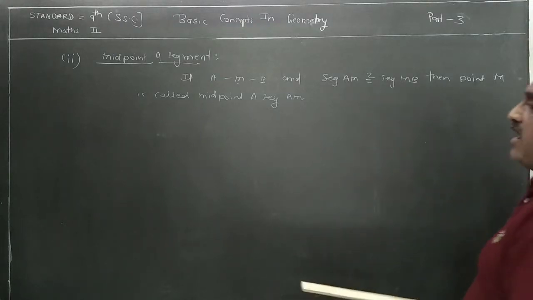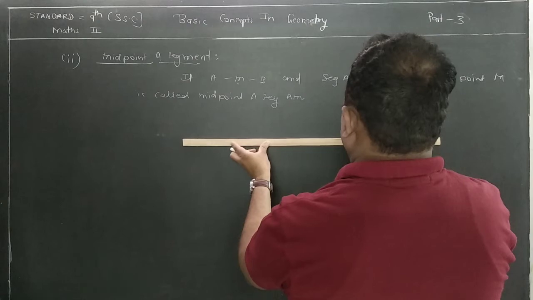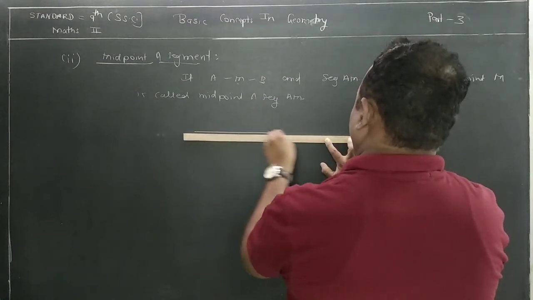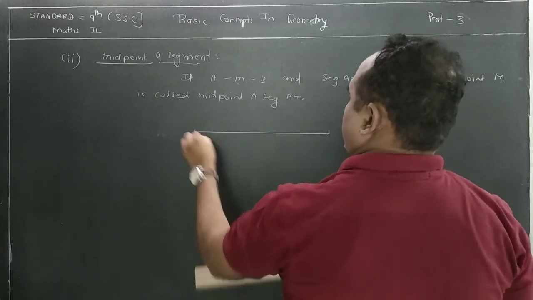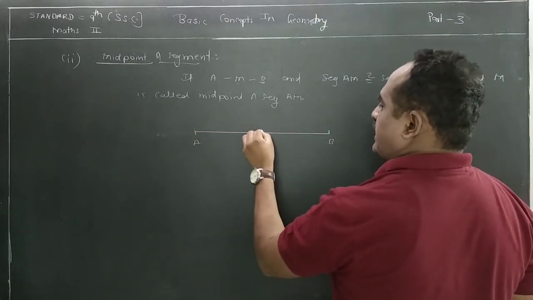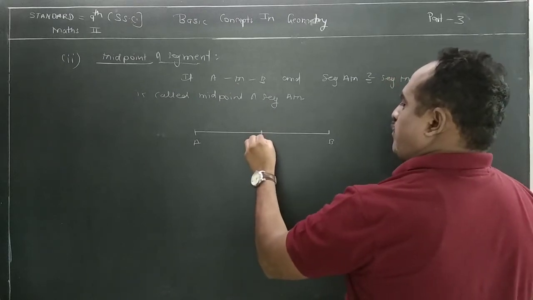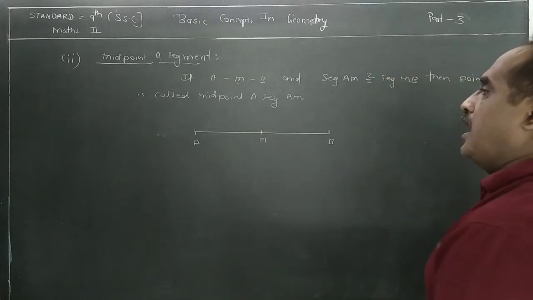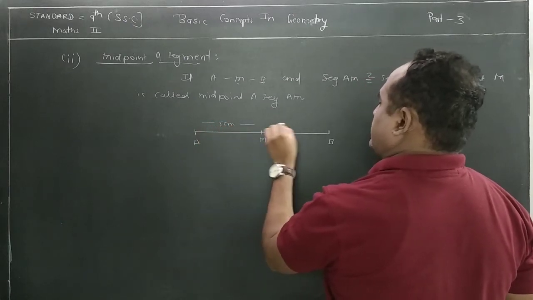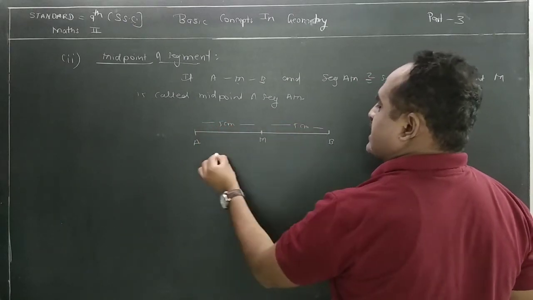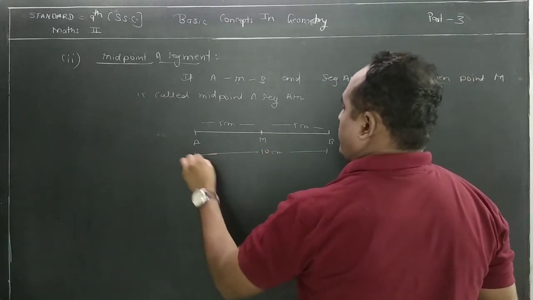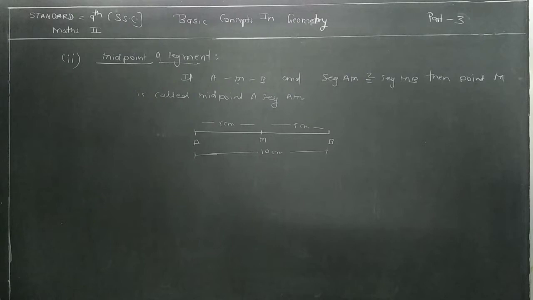So, if I draw a figure, and if I am taking this point as a midpoint, so if this is 5 centimeter, this is also 5 centimeter, definitely the whole will be 10 centimeter. You got it?